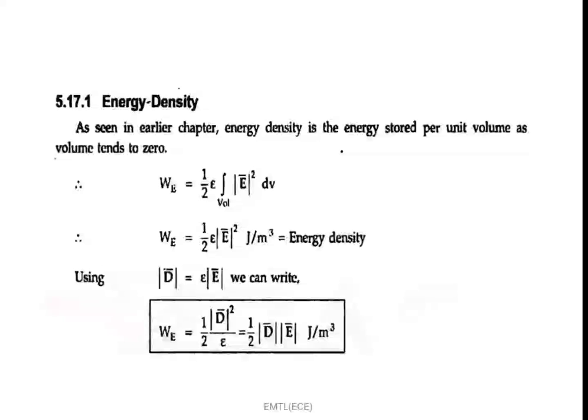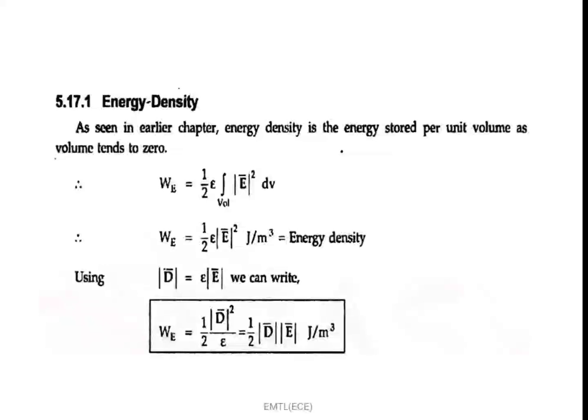The energy density means the energy stored per unit volume, that is, as the volume tends to 0. So the expression for the energy density we derive by using the energy stored in a capacitor expression.